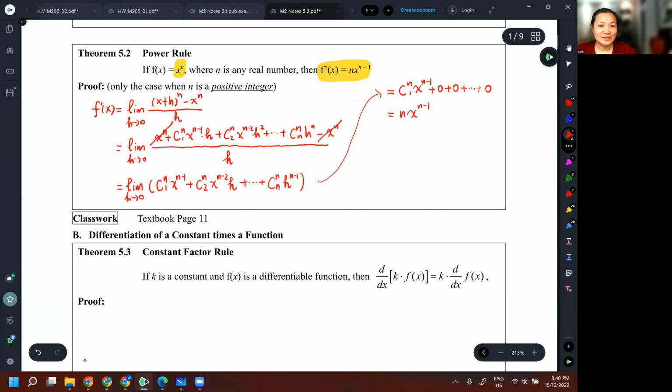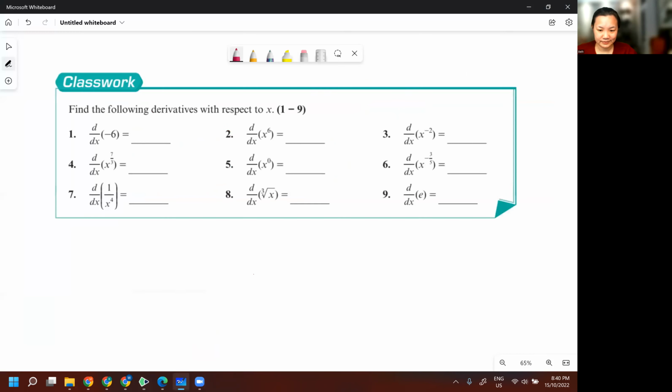Now let's learn how to use it. Textbook, page 11, classwork. Let's do this together.